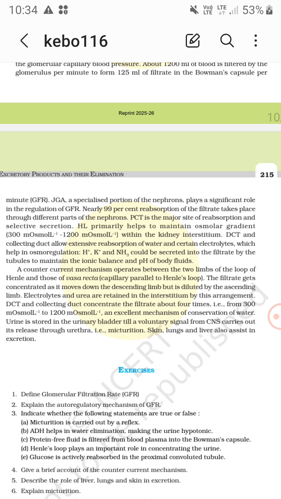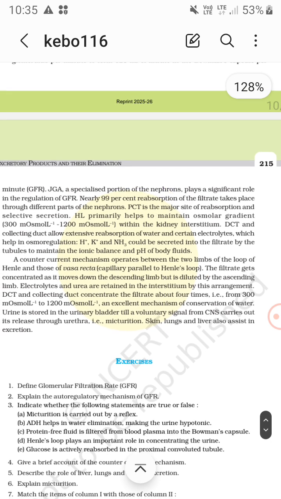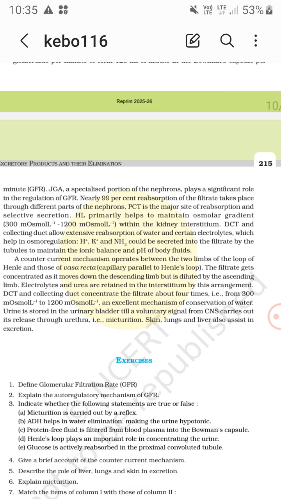Now the loop of Henle primarily helps to maintain the osmolar gradient, that is 300 milliosmol per liter to 1200 milliosmol per liter within the kidney interstitium.